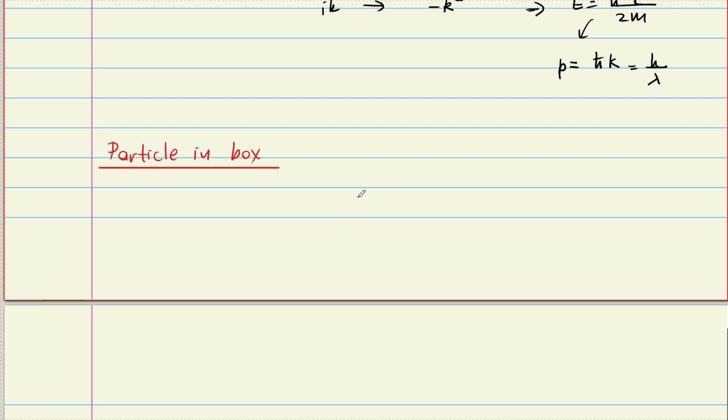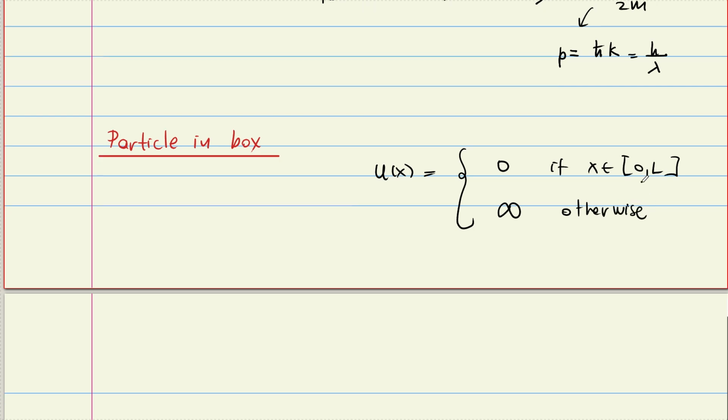So what we said is you need to give me U so that I can write down the time-independent Schrödinger equation and solve it. And for a particle in a box, U of x is given to be 0 if x is inside a box from 0 to L, and infinity otherwise. Just like this room, we are thinking about a box.